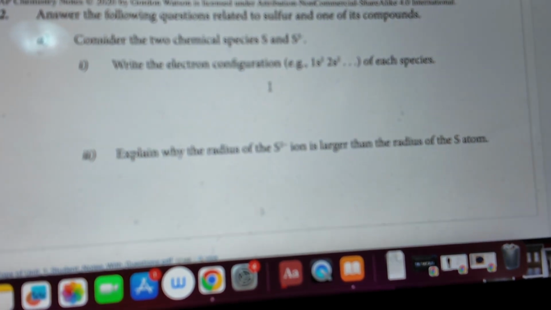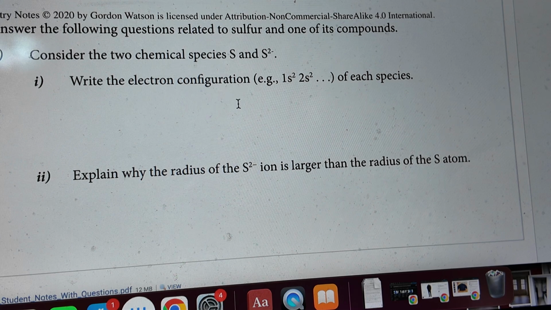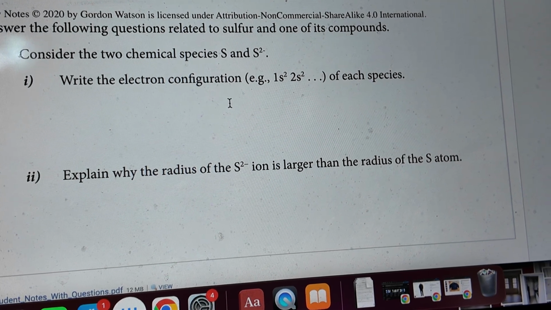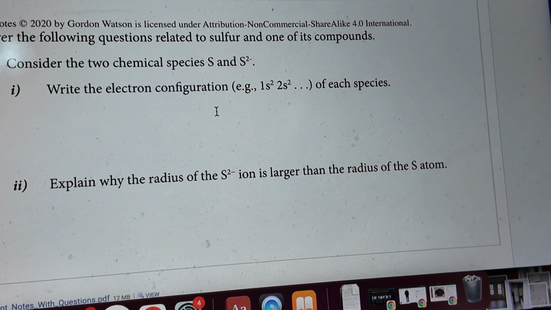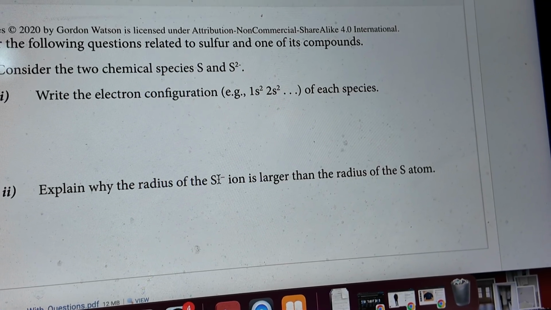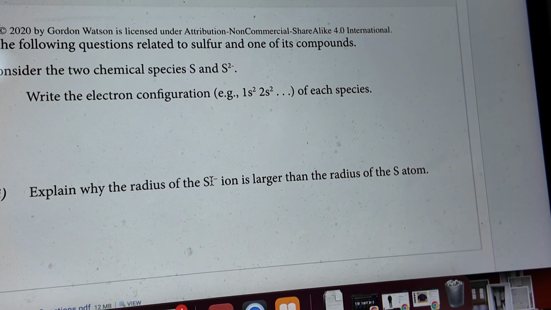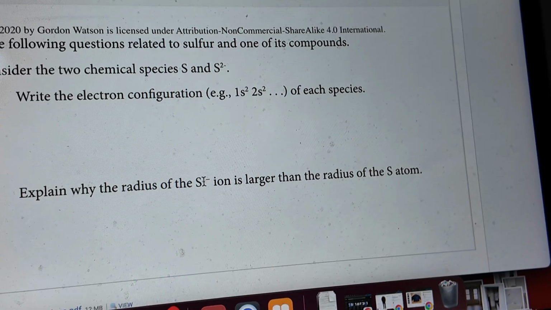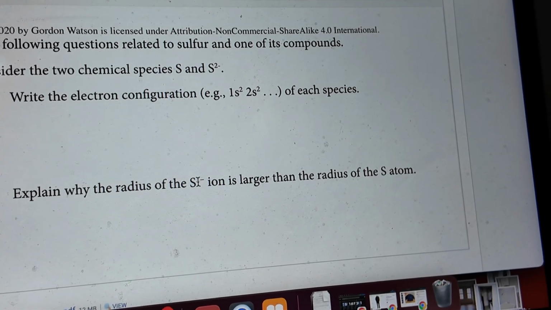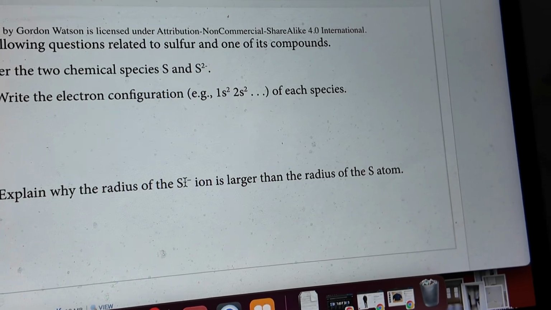Okay, the next question. Explain why the radius of the S2 minus ion is larger than the radius of the sulfur atom. Well, that makes sense. This one, S2 minus, has 2 extra electrons. And those 2 extra electrons, you think they get along with everybody in that outer shell? No. They're in 3p6, right? But there are no extra protons to be coupled with them.